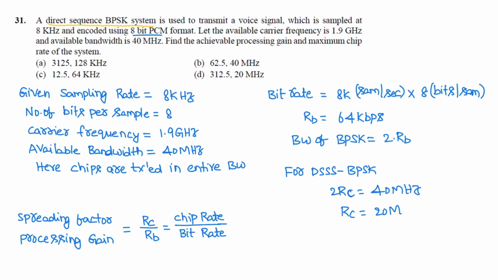per second. So generally for a BPSK system it is bit rate. For a direct sequence BPSK system it is chip rate. So chip rate is 20 mega chips per second and processing gain is the ratio of chip rate to bit rate, 20 into 10 power 6, and the bit rate RB is 64 kbps.